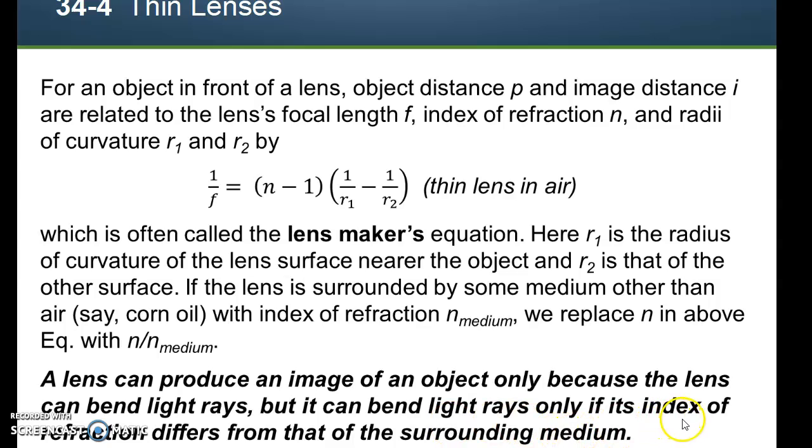So if it's no different, it's not going to bend any light rays. It's the light rays bending that causes the image of the object. That's the critical thing there. And you can actually form some of these lenses by just putting a droplet of oil over something you want to magnify, and you can see that works. So that's going to be the end of this particular section.